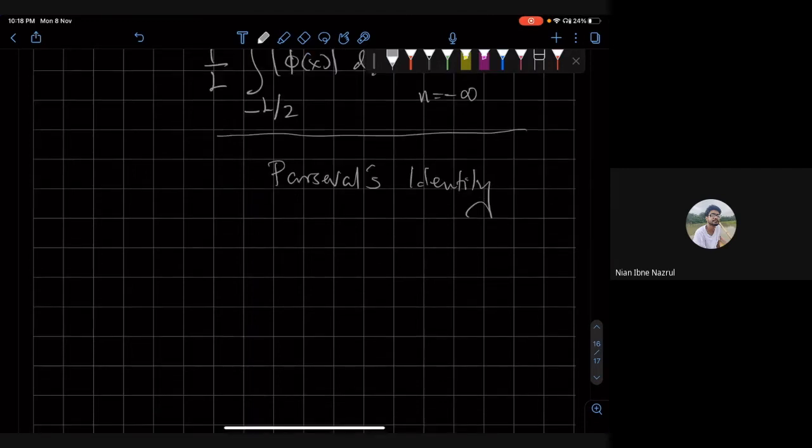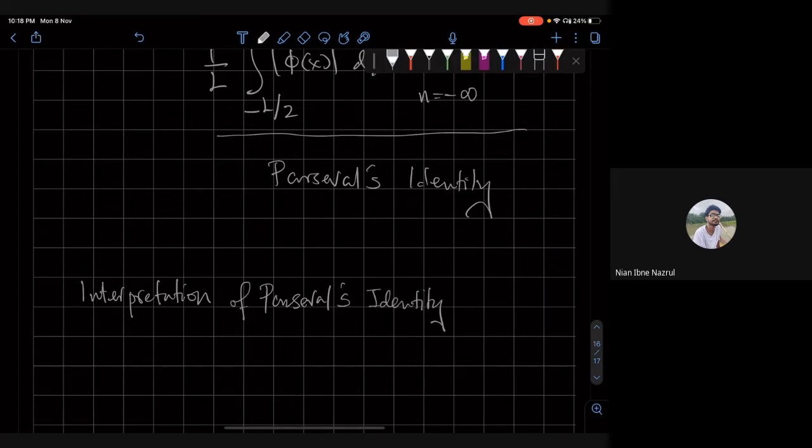Okay. So interpretation of Parseval's identity. So the conceptual interpretation, in the next class, I will give you more of a quantitative interpretation.